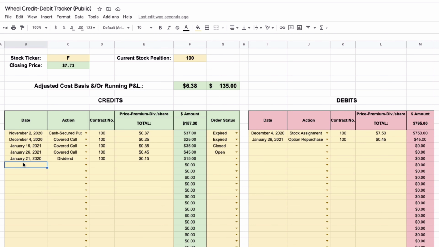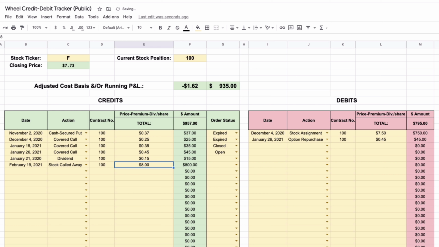Okay, let's just close this cycle of the wheel out now and assume that the stock actually finally gets called away. Okay, so let's just say that's February the 19th is the option expiration date. The action, of course, is that the stock is being called away 100 times. And the strike price, let's say $8.